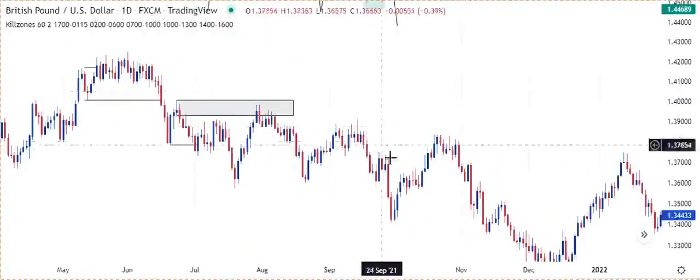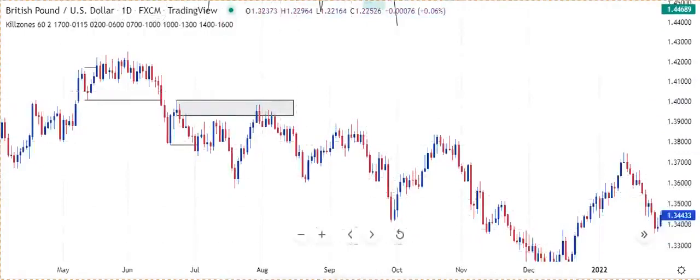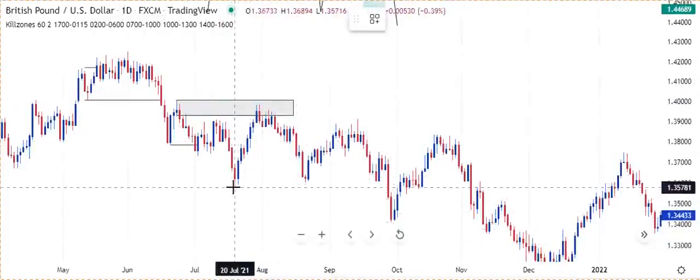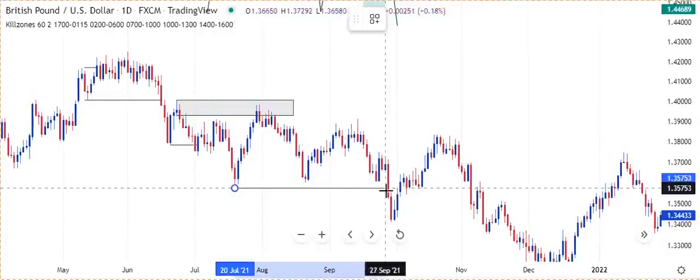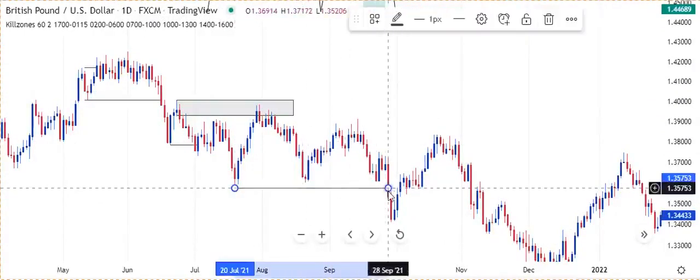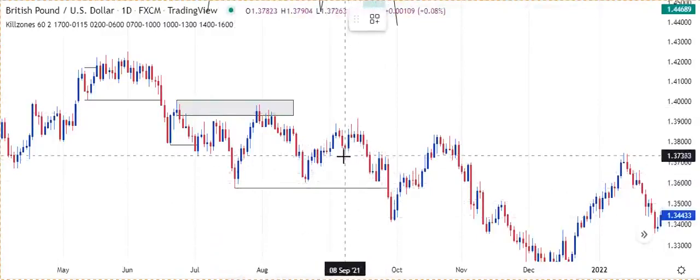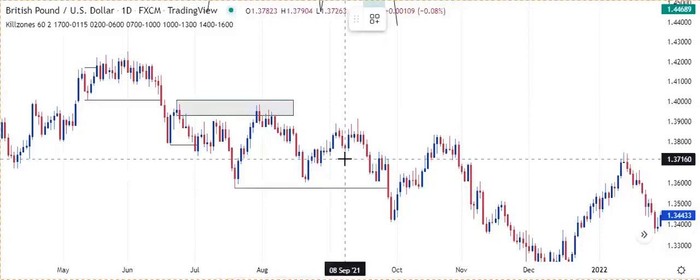Now, second example, let me show it to you. Price broke structure here. Take a look. There is a break of structure here. Now, when price broke structure, remember, there is this internal liquidity here, where price has broken structure internally.